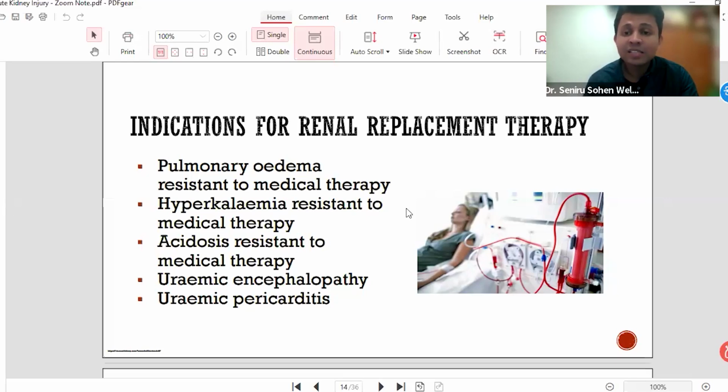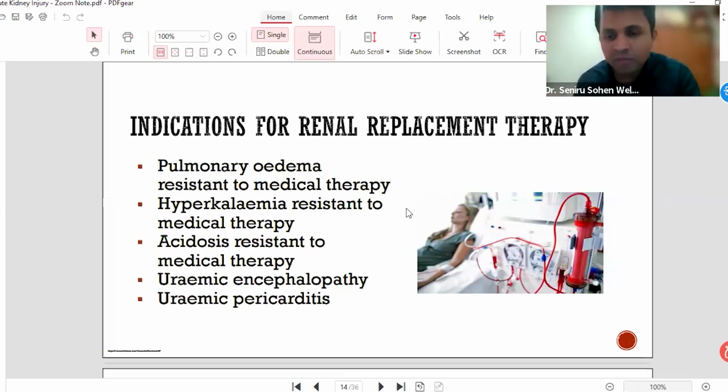But if the patient is having severe hypoxemia, is not responsive to diuretics, that is, not producing that amount of urine, or is completely anuric, then that would mean the patient's volume overload and pulmonary edema is not responsive to medical therapy. Only then would you go for renal replacement therapy. If the patient has some improvement with IV diuretics, then you can try increasing the dose of IV diuretics or repeating the doses to reduce the volume congestion in the patient.